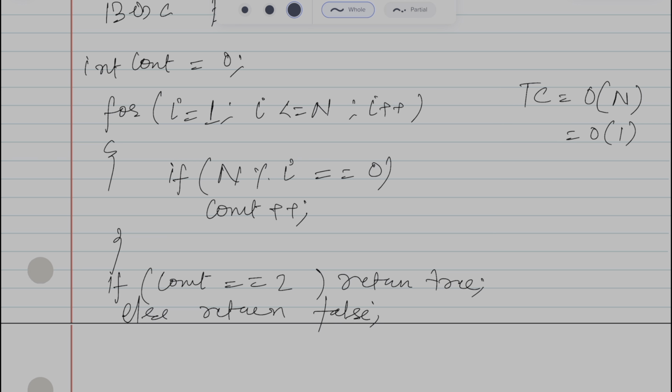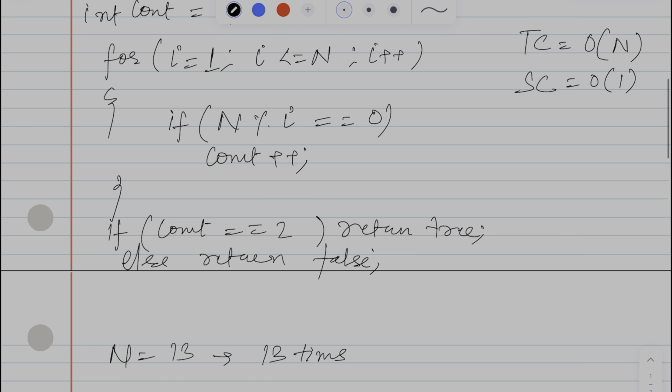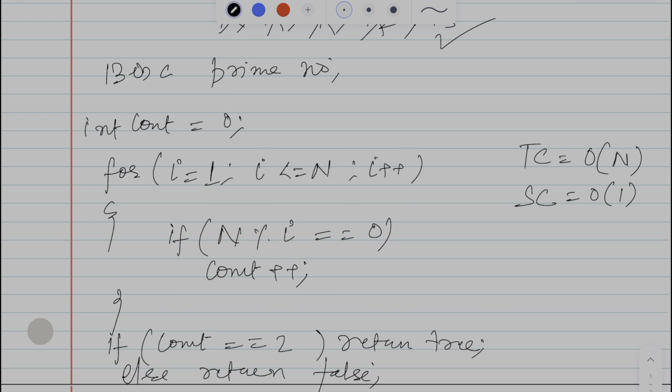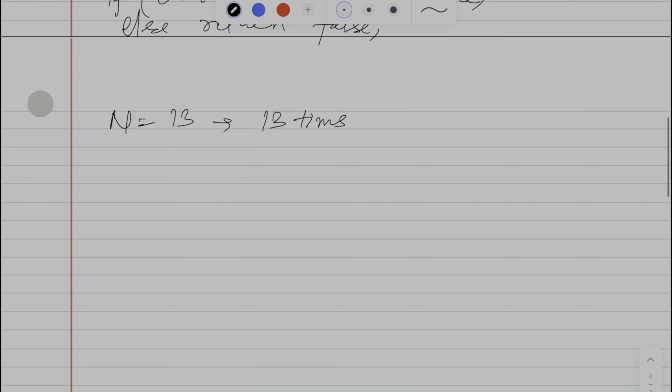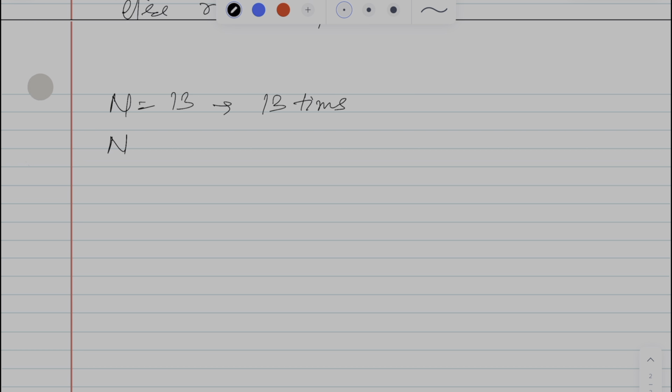Now, let's suppose we are providing 13 as an input, so n equals 13. It will be running 13 times, because if you check our loop, it runs from 1 to n, so it will run 13 times. If n is equal to 100, it will run 100 times.